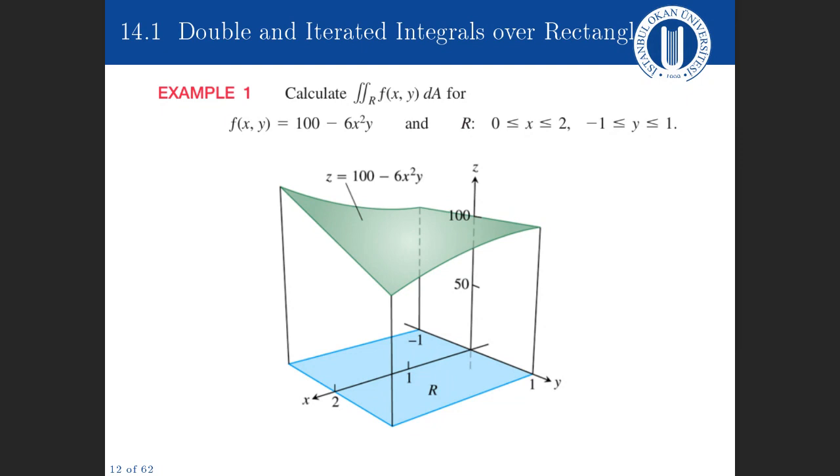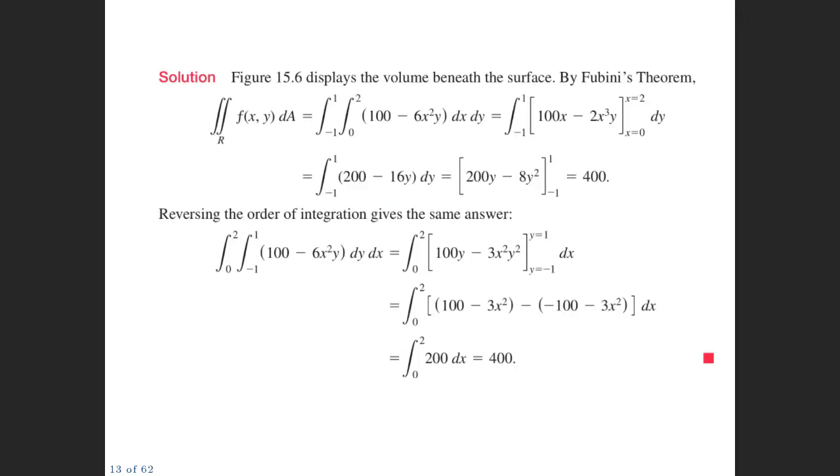In other words, we're asked to calculate the volume of the solid which is shown in this picture. So the first thing to do is decide, do we want to integrate dx dy, or do we want to integrate dy dx? In this example, the book is doing both of them.